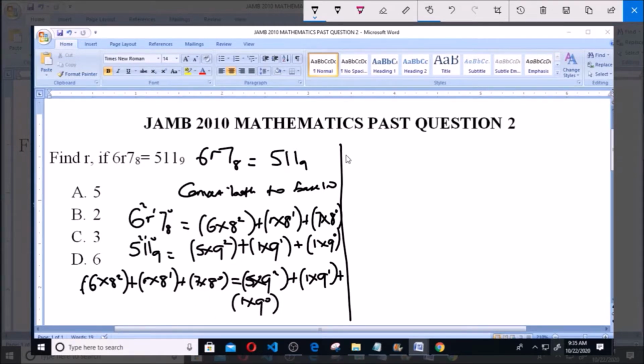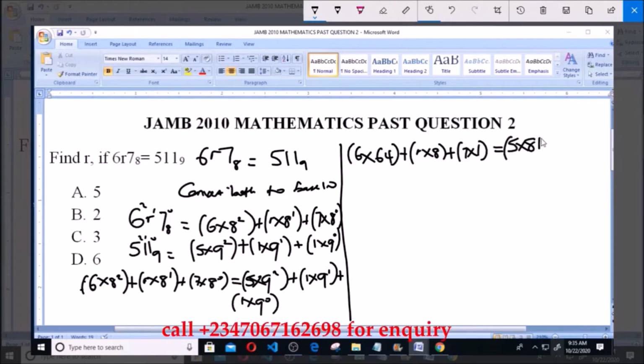Now from this we have that 6 multiplied by 8 raised to the power of 2 will give us 64 plus R multiplied by 8 raised to the power of 1 is 8R plus 7 multiplied by 8 raised to the power of 0, which is 1. Then this is equal to 5 multiplied by 9 raised to the power of 2, which is 81, plus 1 multiplied by 9 plus 1 multiplied by 9 raised to the power of 0, which is 1.